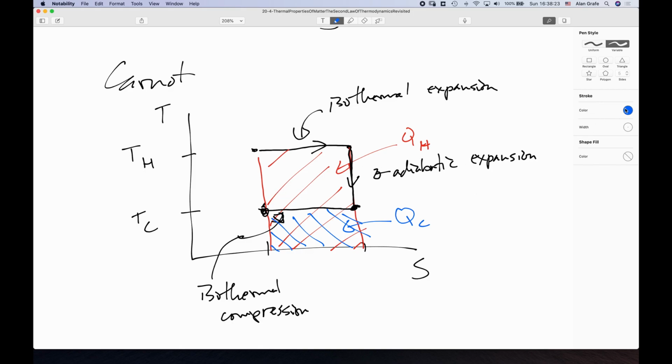And then finally, to complete the cycle, for exactly the same reasons as the adiabatic expansion, you have to complete it with an adiabatic compression.